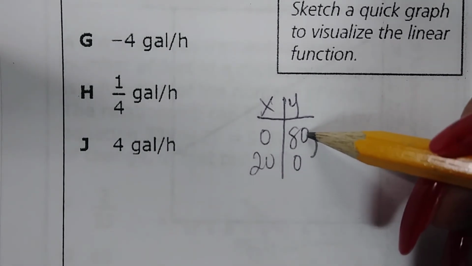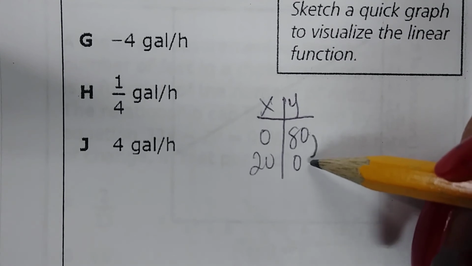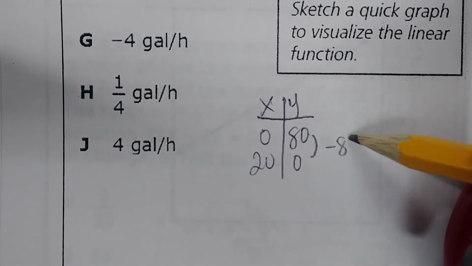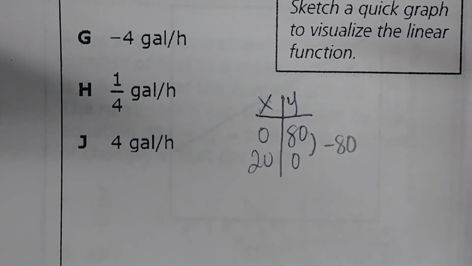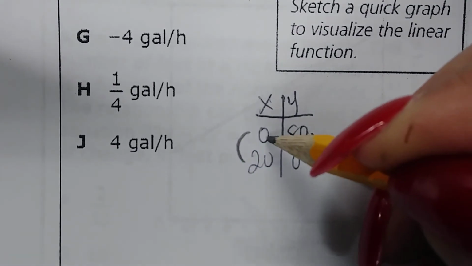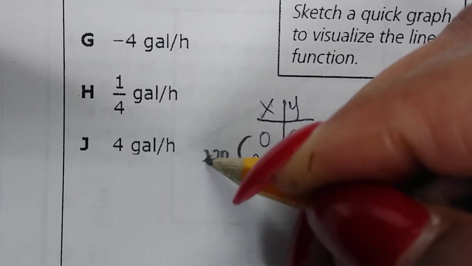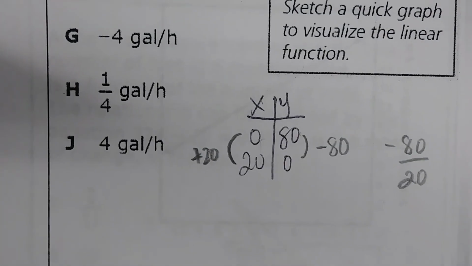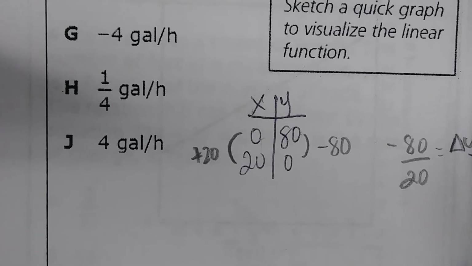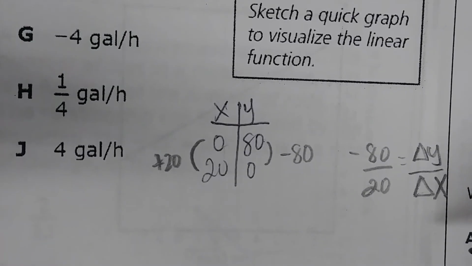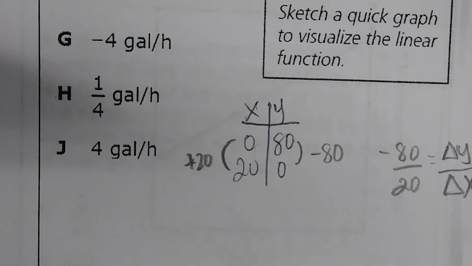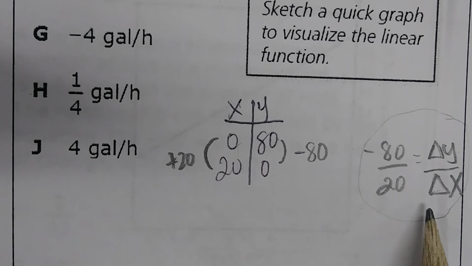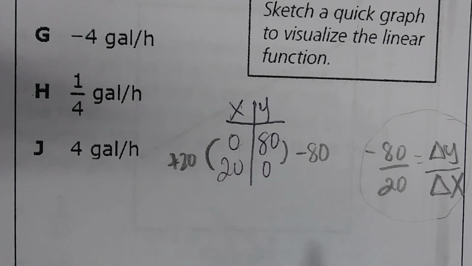Okay, I'm at 80. I am moving which way to get to 0? Of course, down. I'm at 0, I'm moving up. So this is the change in y over the change in x. Now, a few moments ago, we were saying you could find the slope given these points.